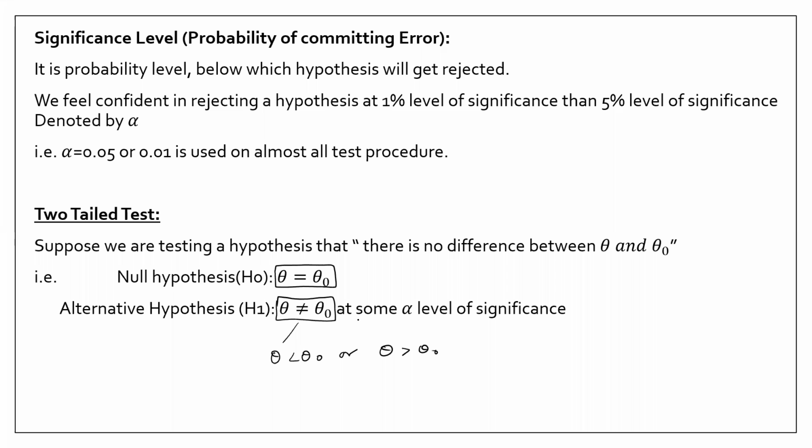There are two possibilities. For example, if you have theta naught here, then your theta can be less than theta naught, might be here, or it can be greater than theta naught.